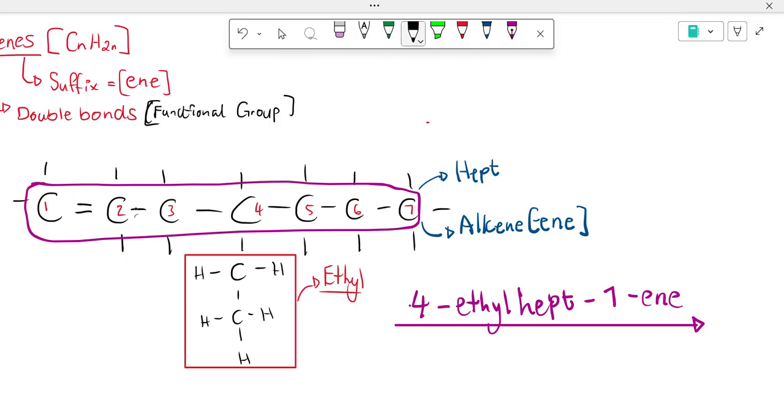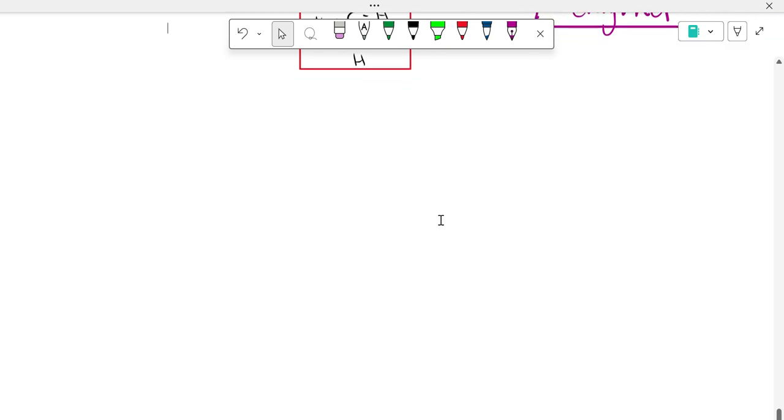Why is there a need to be specific? Because my double bond can shift around. It can move from one carbon to another. Hence, I need to make sure that I specify the location when I'm writing down the IUPAC name. That wasn't clear enough. Let's look at this example.